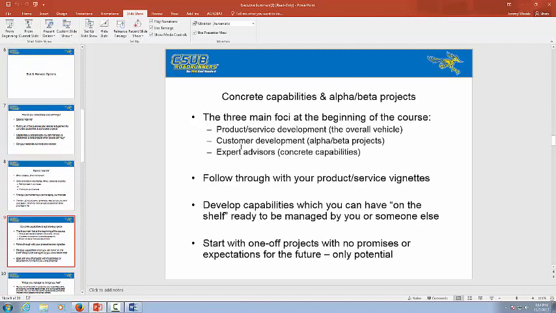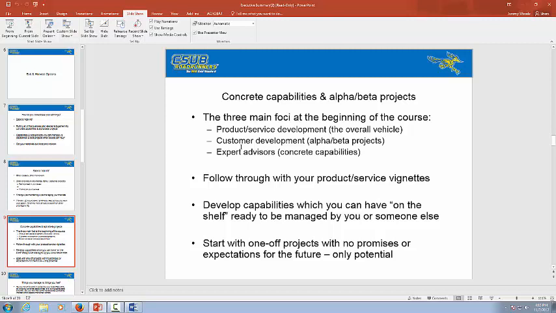Concrete capabilities in alpha or beta projects. The three main foci that we talked about at the beginning of the course. The product service development, so your website and the concrete product or service that comes out of that is your overall vehicle for delivering value as a new business.